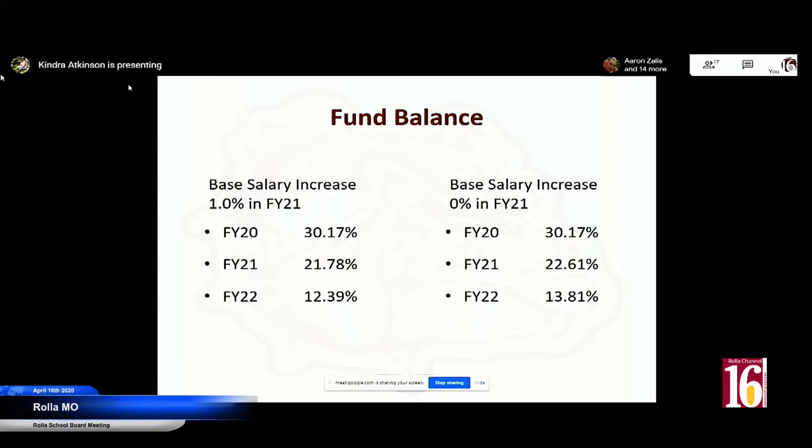So our balances are there for us to kind of ride these uncertainties, and I would say we probably have the most uncertain uncertainties that we've had in the time I've been in central office. We were humming along pretty good economically, and this issue's really kind of turned us on a dime. So we said we would meet with our staff one more time.